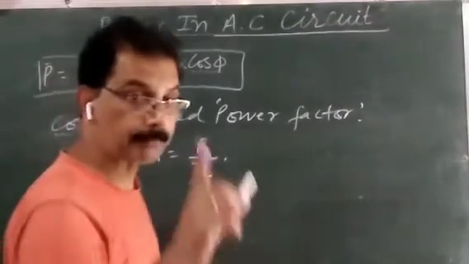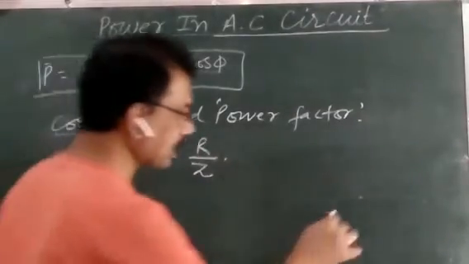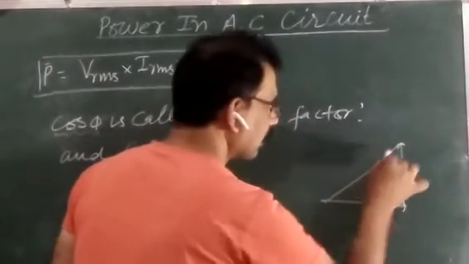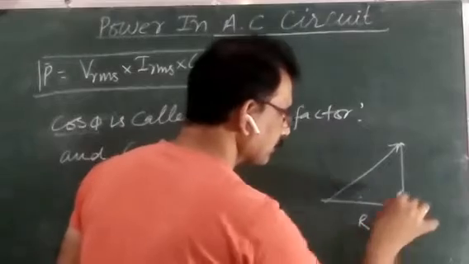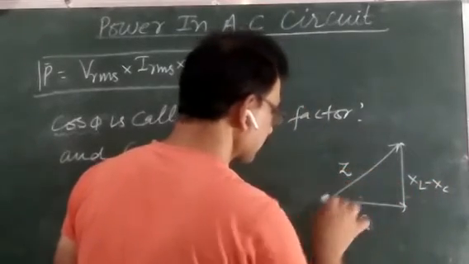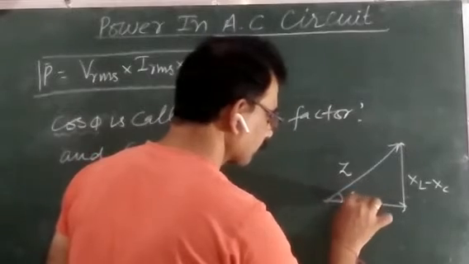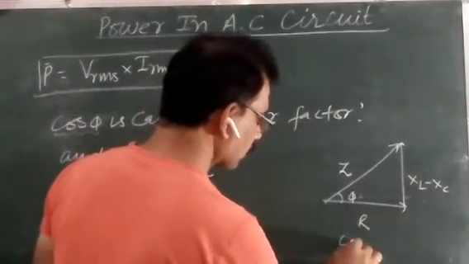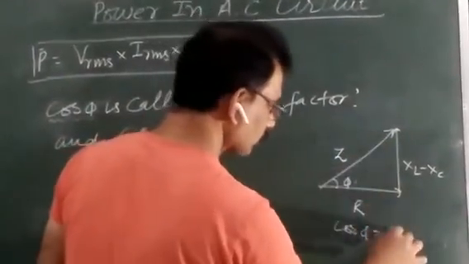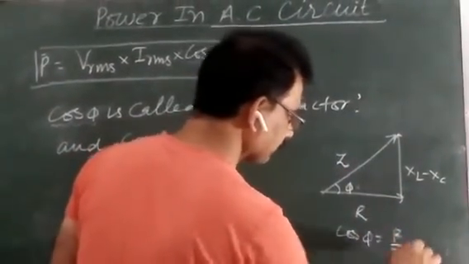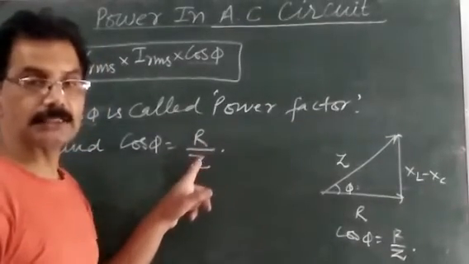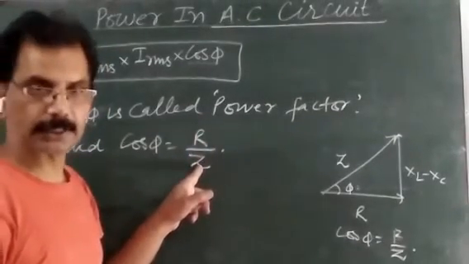We discussed the impedance triangle yesterday, and in that impedance triangle, if you remember, I gave this diagram. This one is R, this one is XL minus XC, and this one is Z. And here this phi. So from here you can say cos phi is equal to base upon hypotenuse. You can write R by Z, where R is the resistance of that circuit and Z is what here? Impedance of the circuit.